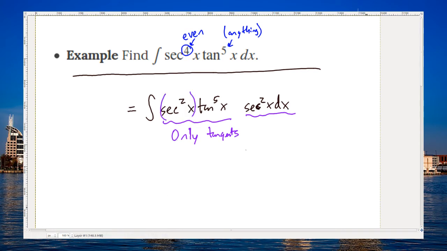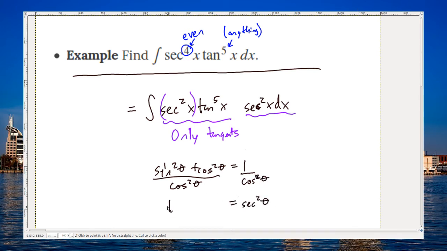Well, just a moment ago, we rederived the identity: sine squared plus cosine squared is 1, and we divided both sides by cosine squared, leaving us with secant squared of theta is tangent squared of theta plus 1.